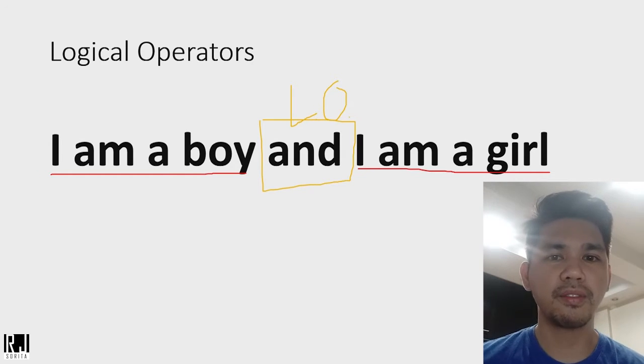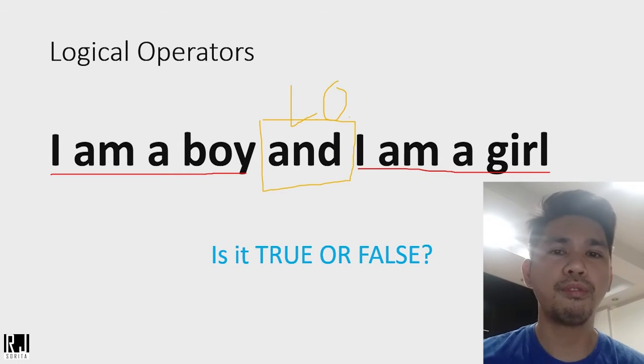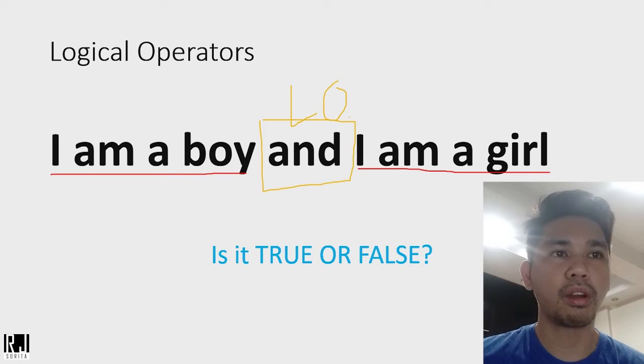Now I want you to pause this video for a moment. I want you to think about the statement and tell me, is it true or false? So for me, at least, the first statement is true, and the second statement is false.